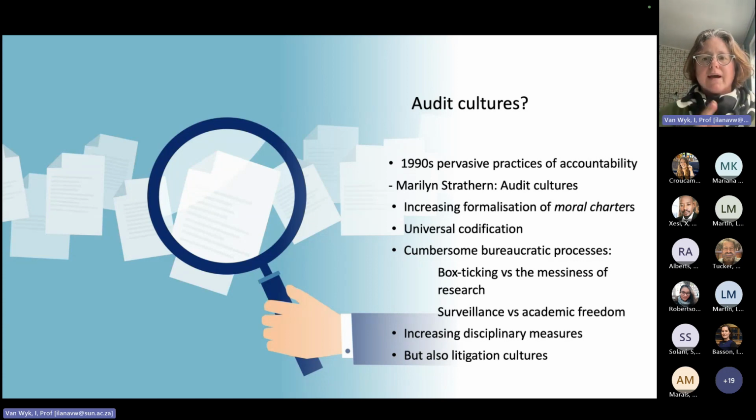So on the one hand, we have this audit culture that impinges on our academic freedoms, as some of us understand it. And on the other hand, we have an increasing culture of litigation in which participant communities are taking universities and scholars to task for real and imagined harms.